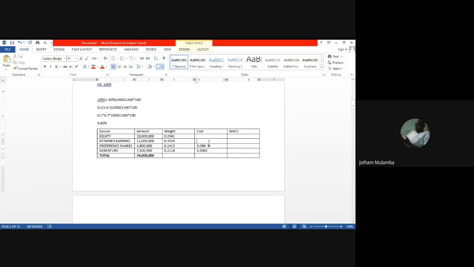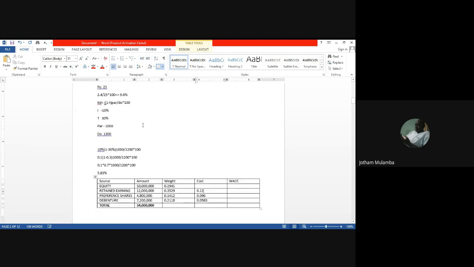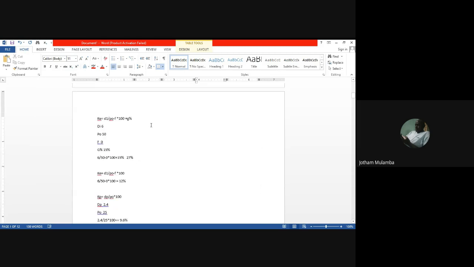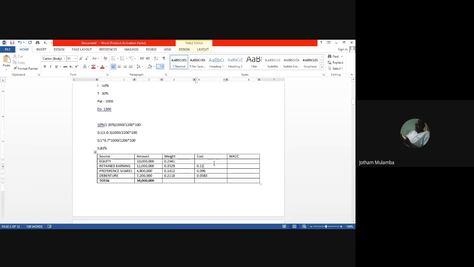So 12%, that's 0.12. Then the last one is equity. Equity, we had gotten 27%. That's 0.27. So now, weighted average, we said we multiply weight against cost.